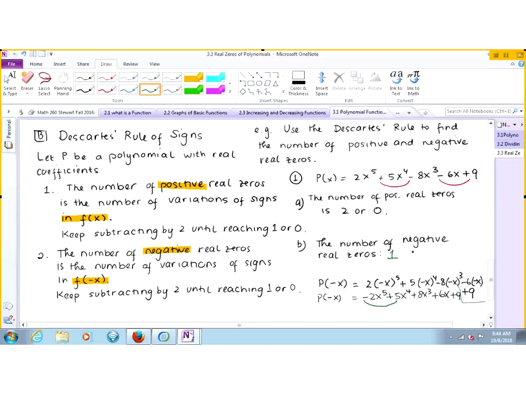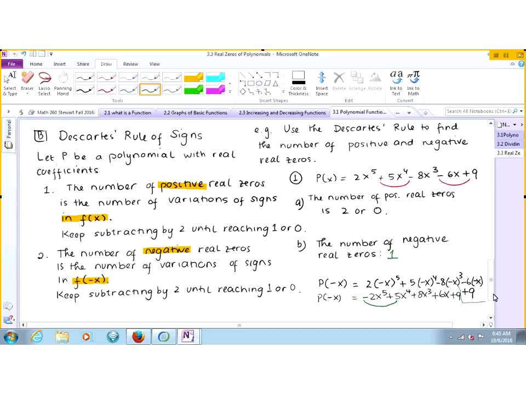What about if I have 5 variations of sign? Then it's going to be 5 or 3 or 1. What about if I have 6? 6 or 4 or 2 or 0. Does that make sense? So you just keep subtracting by 2.